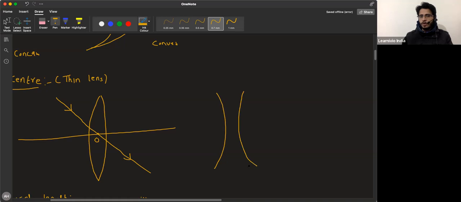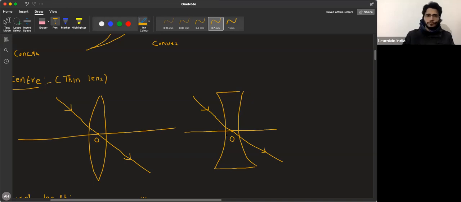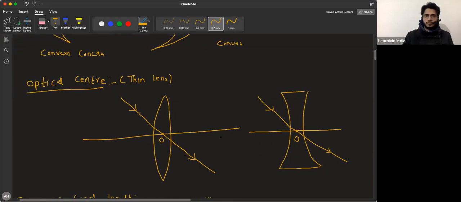Even if you have a concave lens, the ray will pass through the optical center without any refraction. It will go straight.